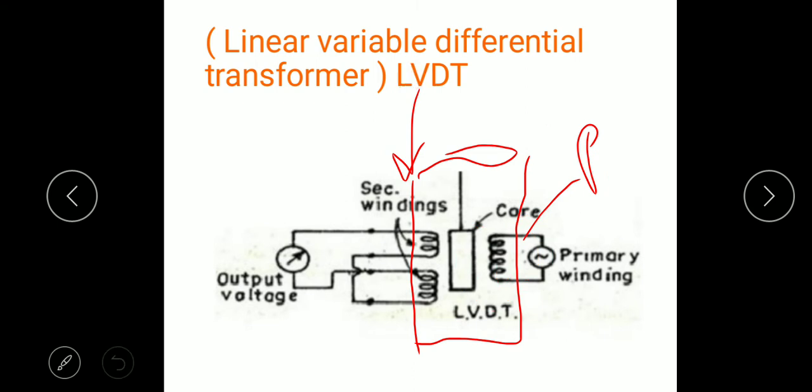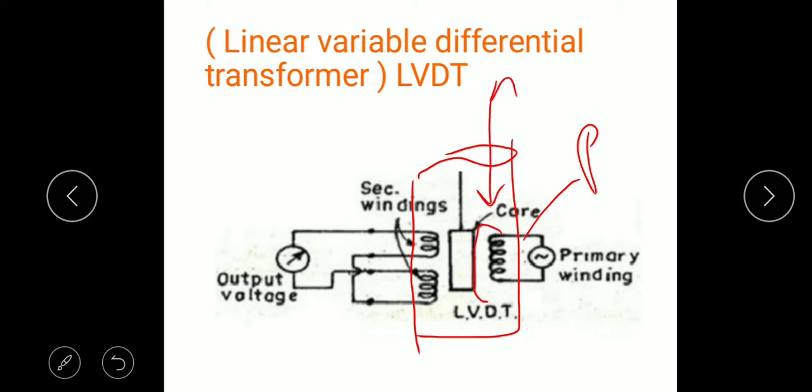So when the core part moves up or down, due to this displacement the magnetic field present in the primary coil will be disturbed, and when the magnetic field is disturbed, the current will develop in the core part.